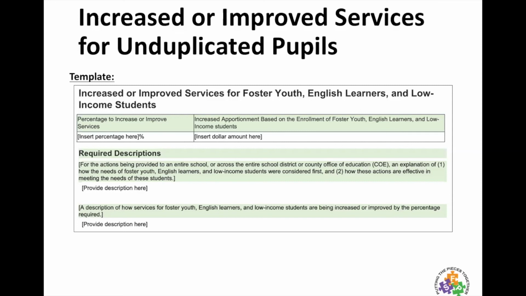In this section, 2 prompts require descriptions that address specific components included in the Title 5 Code of Regulations, outlining the spending regulations for the increased supplemental and concentration grant apportionment.